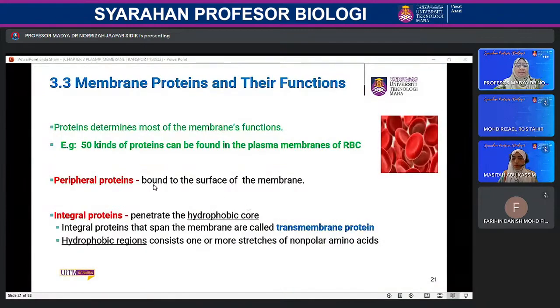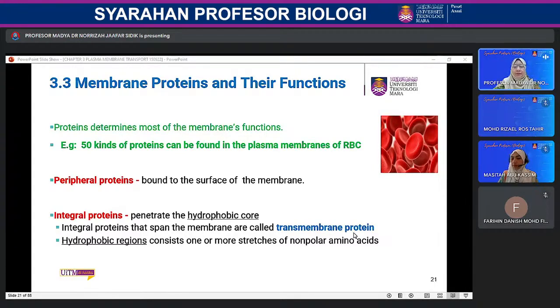So peripheral proteins are bound to the surface, whereas integral proteins penetrate the hydrophobic core. If it spans the membrane, we call it a transmembrane protein.